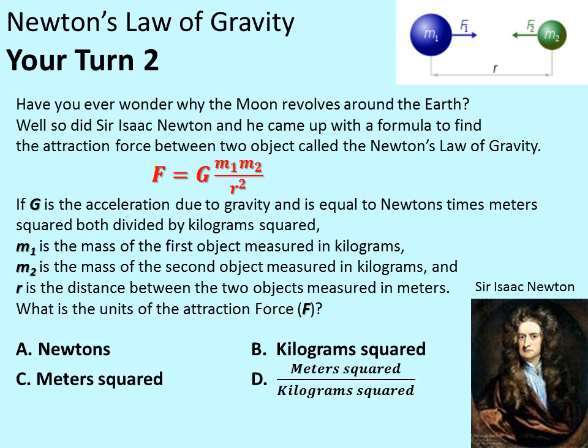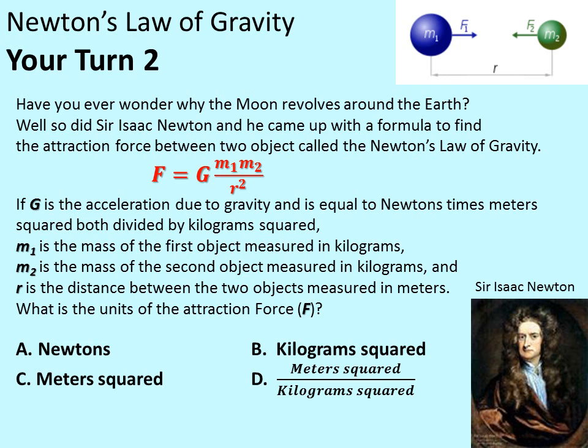Newtons is kind of like volts. It's a way of measuring things that they use in physics class. It's not measuring how far it is from there. It's a measurement of force. Okay, so that's kind of new for you, so keep that in mind. Don't let it throw you. All right. Remember, it's newtons times meters squared, both of them divided by kilograms squared.